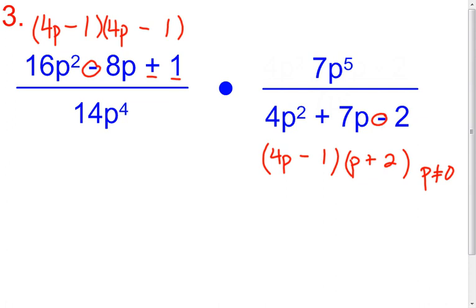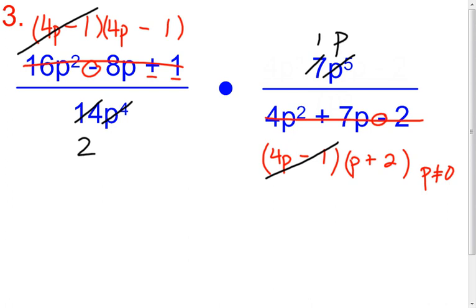All right, so I'm going to cross this off and this off so that it's not confusing us. Okay? And now I want us to start canceling some things. So this 4p minus 1 can cancel with this 4p minus 1. I have this 7 that can become a 1, and the 14 will become a 2. 4 of these p's will cancel with that to just make 1p left.